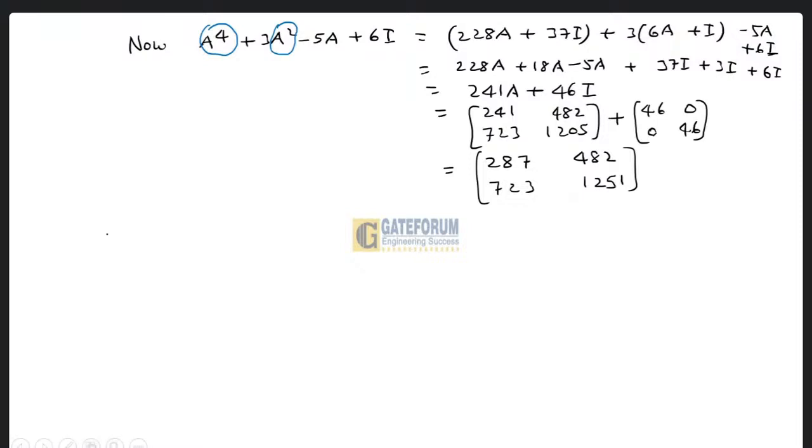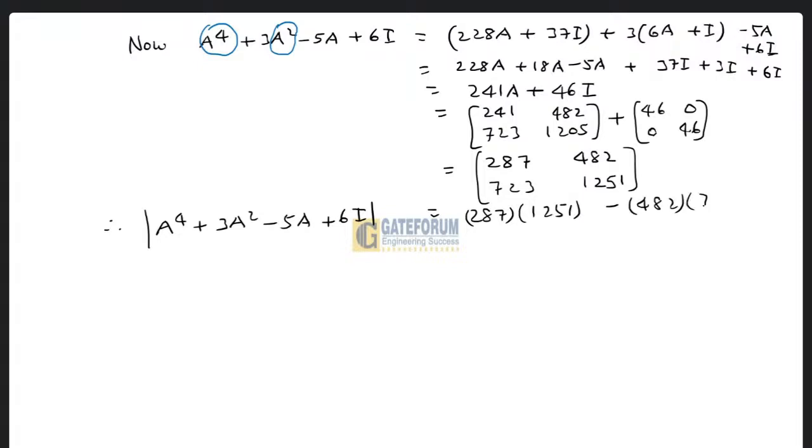Now they are asking for the determinant. Therefore, the determinant of A power 4 plus 3A square minus 5A plus 6I is equal to 287 into 1251 minus 482 into 723, using the AD minus BC method.